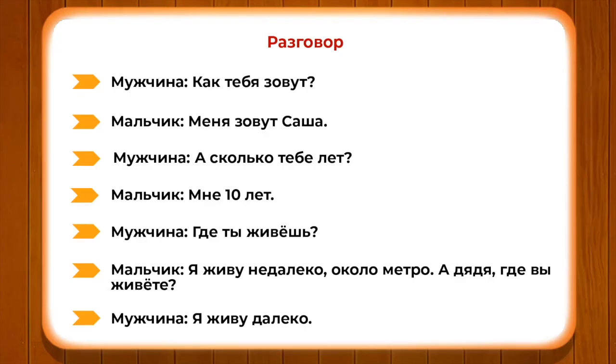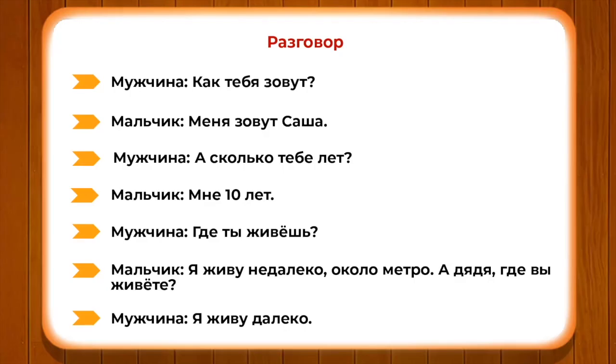So, there is a construction of certain sentences where we have seen a разговор, or a dialogue, or a talk between two people. The one is a man, the other one is a boy of 10 years old. Then there we have seen the construction.